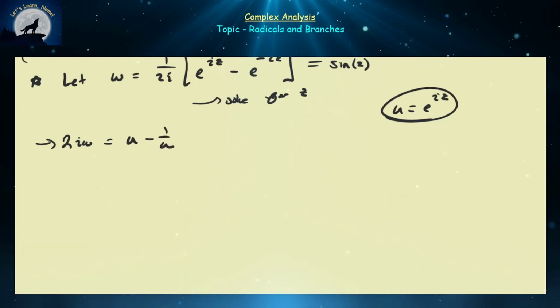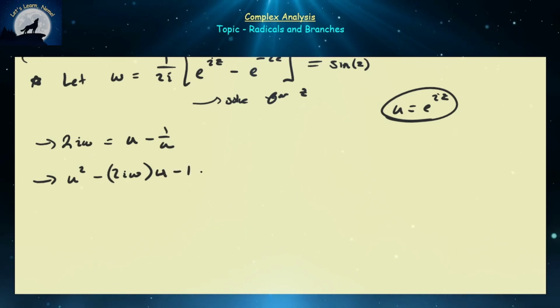So our goal is to write this as a quadratic equation in terms of u, and then solve it via the quadratic formula. That's going to give us u squared minus 2i omega u minus 1 equals 0. And then we can solve this equation for u.